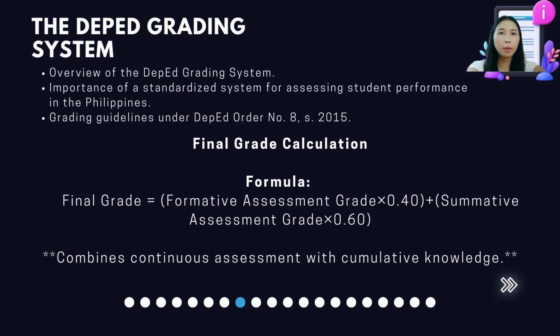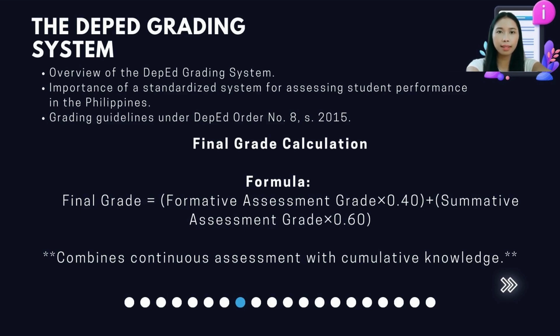As you can see in the presentation, the grades typically follow this scale. 90 to 100% is equivalent to outstanding. 85 to 89% is very satisfactory. 80 to 84% is satisfactory. 75 to 79% is fairly satisfactory. Below 75% did not meet expectations or fail.